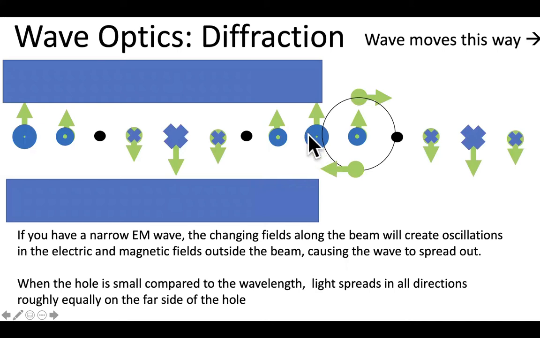Now, let's just consider what's happening at this point. So we have an electromagnetic wave that's propagating this way. And let's focus on what starts to happen at this point just outside the aperture, okay?